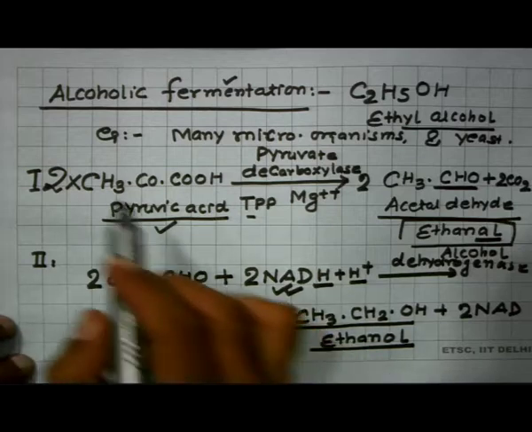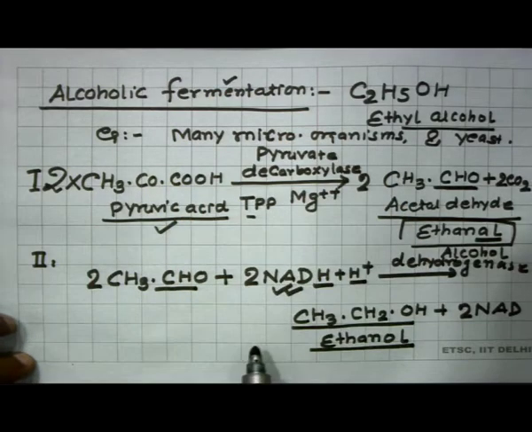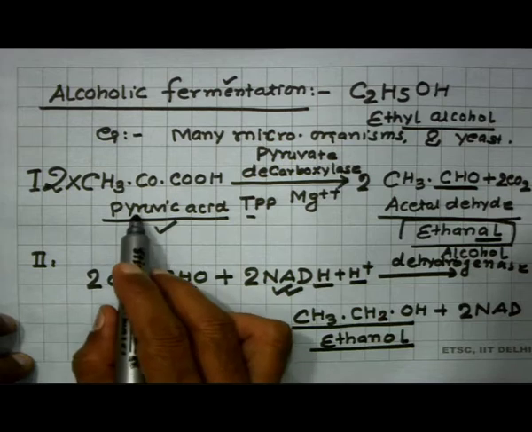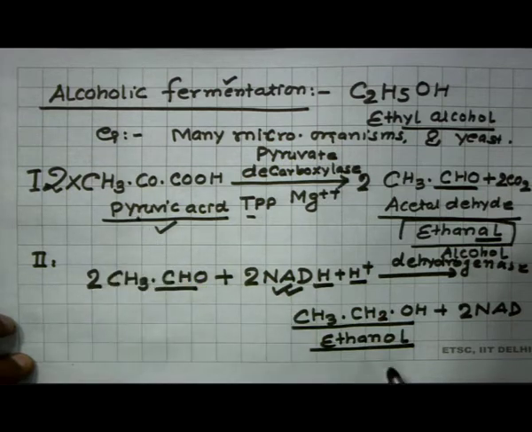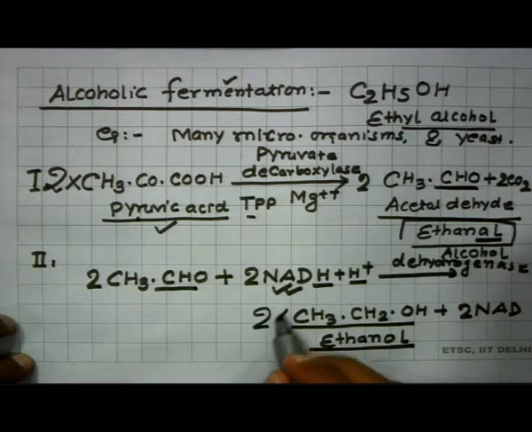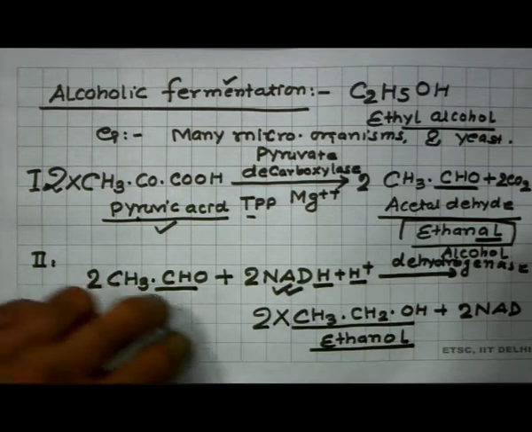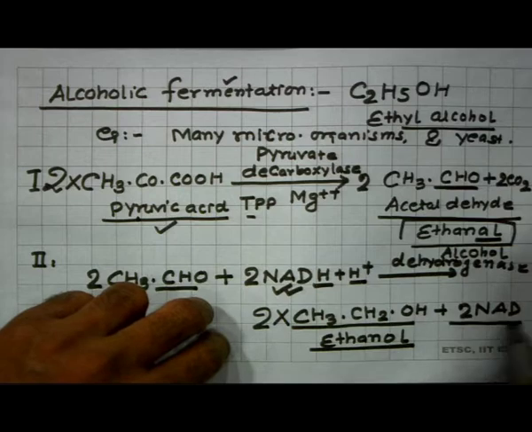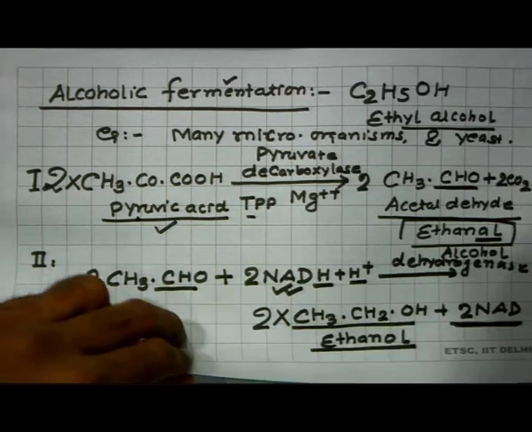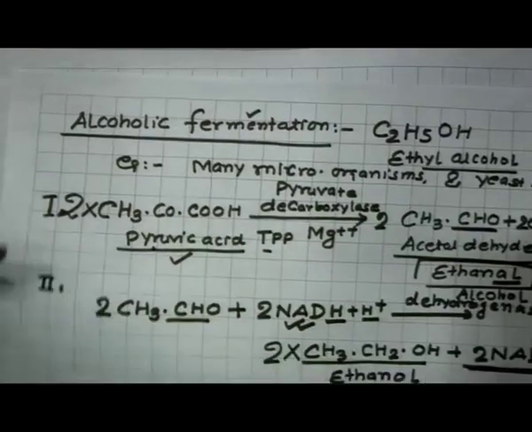So, the end product of alcoholic fermentation: 2 molecules of pyruvic acid are converted into 2 molecules of ethyl alcohol and NAD, which is again used for further reactions.